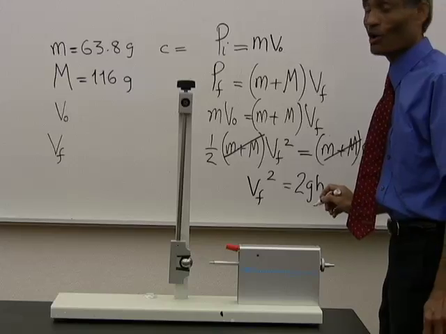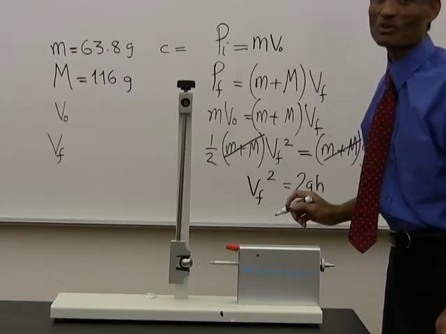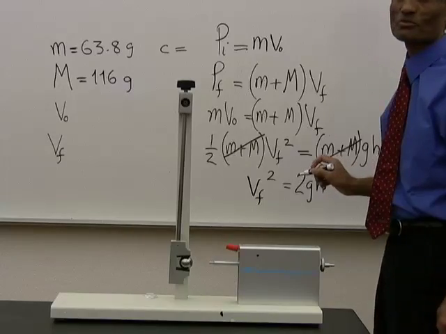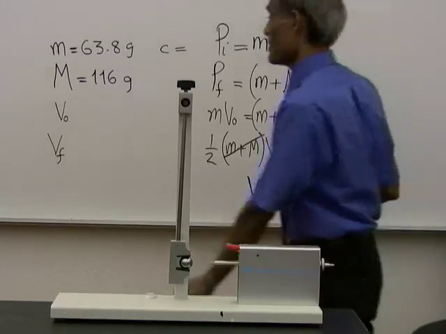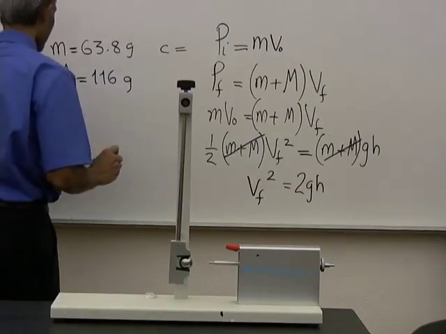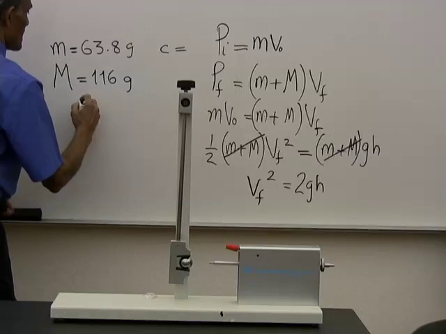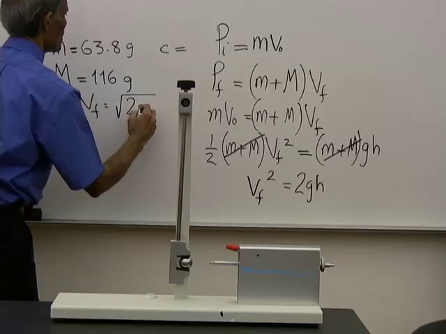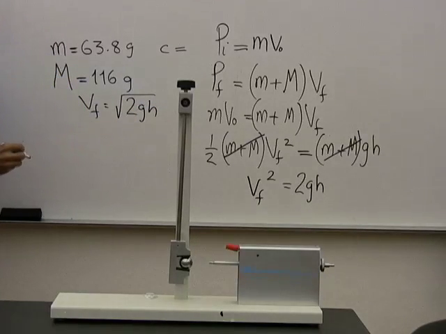And therefore, what is Vf equal to? Vf is square root of 2gh. So, I'm going to write that over here. We've got Vf equal to square root of 2gh.